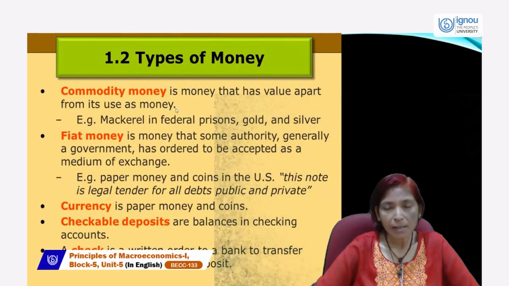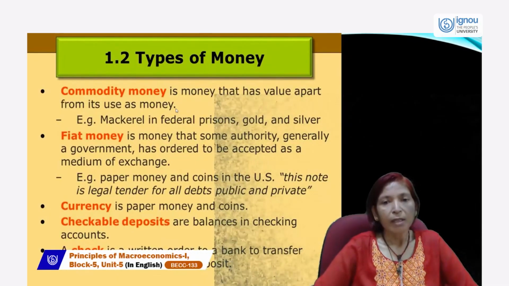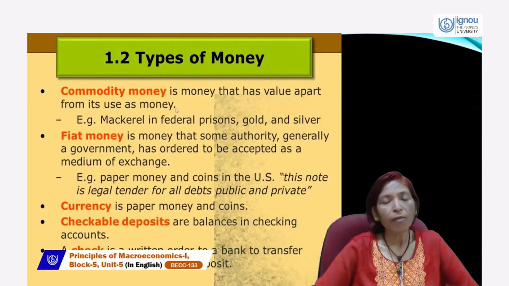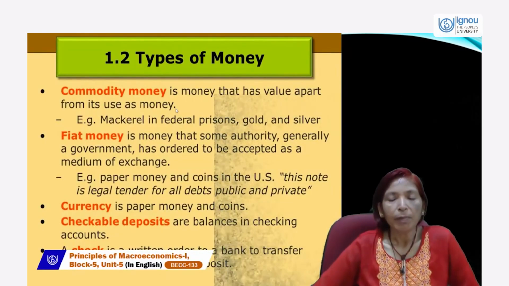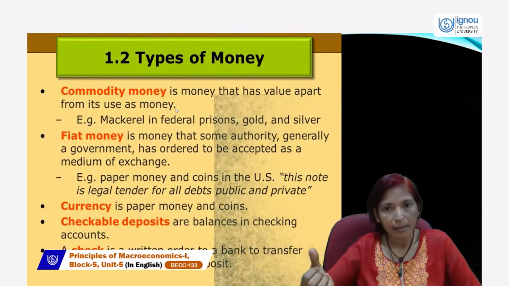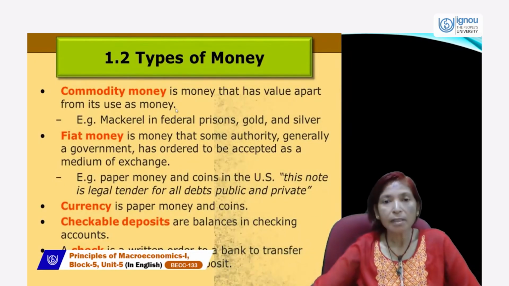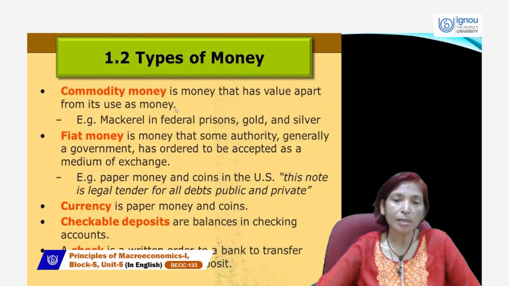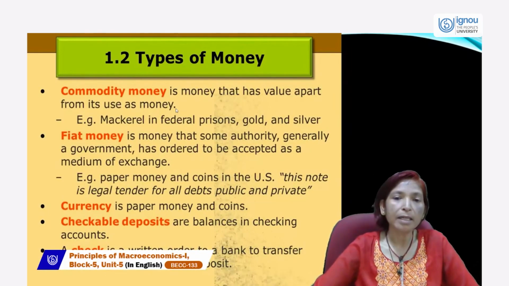That's why this currency stopped being used as money, because when intrinsic value is more, people use that metal for other things, not for transactions. People melted gold and silver to convert them into jewelry, and they could get a higher price from jewelry than if they used gold only for transactions.